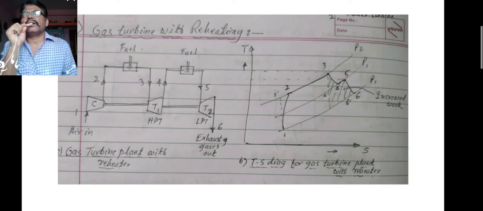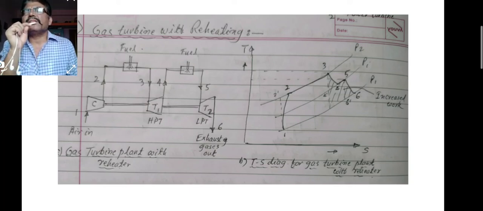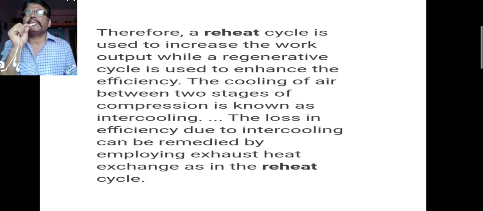Reheating results in an increase in temperature as well as an increase in entropy, so that there is an improvement in the methods of gas turbine. Therefore the efficiency of the turbine is improved. That is the main purpose of the methods of gas turbine improvement. Then from 6 to 1 it comes back to the original cycle, that is the reheating.